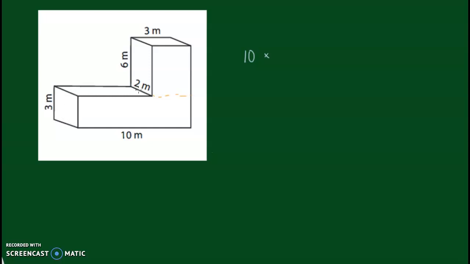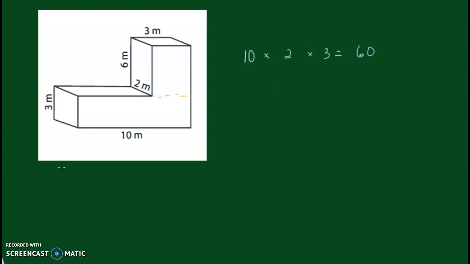Now I have to go across here. This is the same. So our width from front to back is going to be 2 meters. And then we need to find the height. So the height of our bottom portion is 3. So 10 times 2 times 3 is 60. And when I did this in my head, I did 2 times 3 first, and then multiplied it by 10, but it doesn't matter what order you do it in.